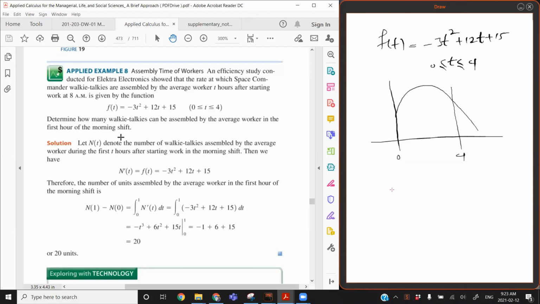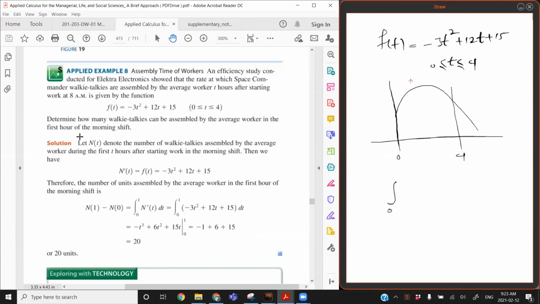So basically, we're looking for the area under this curve. The function is given for the first 4 hours, but it says within the first hour.